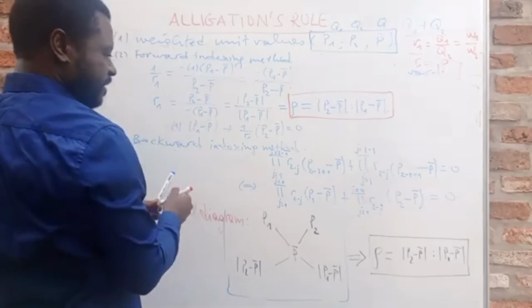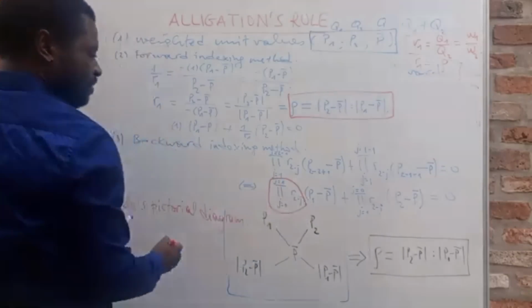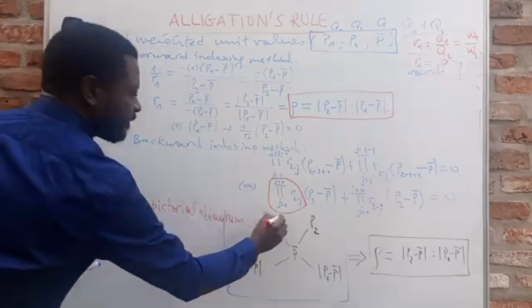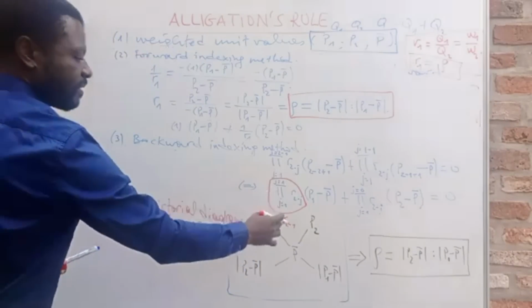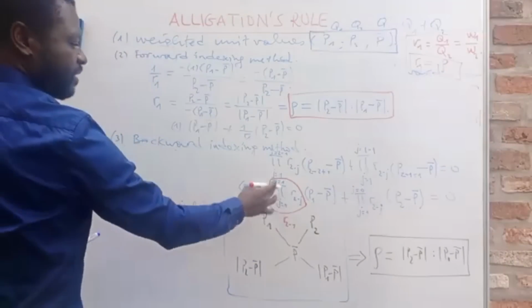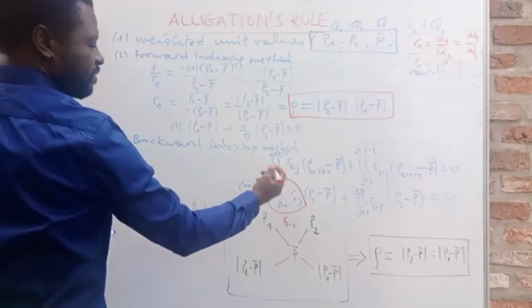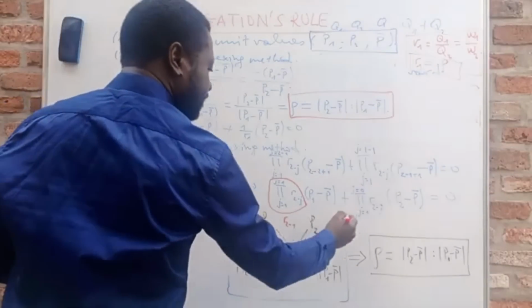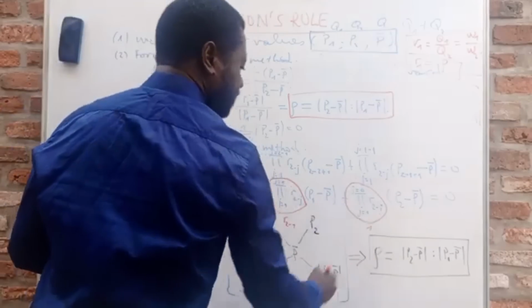So this quantity here is equal to R sub 2 minus 1, because J does not move, it stays equal to 1. So this quantity by definition is equal to 1.